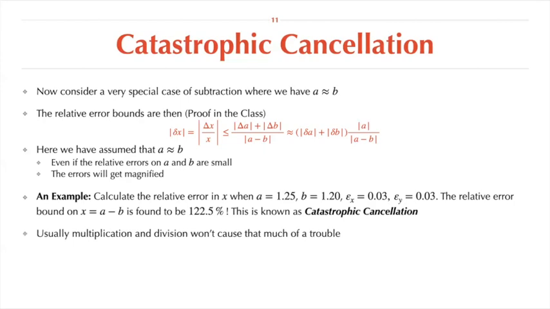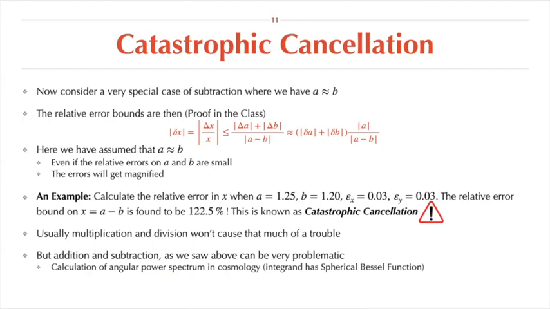It is usually the case that multiplication and division, as can be shown mathematically, will not cause that much trouble. Although it happens in the case of subtraction, this won't be the case when you do multiplication or division.